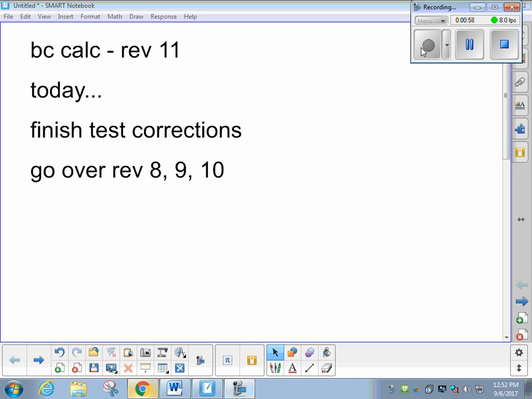Last class, all we got through was 8 and 9. Tonight's homework is just practice on stuff that we've been doing in the last week. I forgot to put practice on integration by parts the first time, so there are 4 on the back that will practice integration by parts. So there's no lesson per se, it's just stuff you've been doing recently.